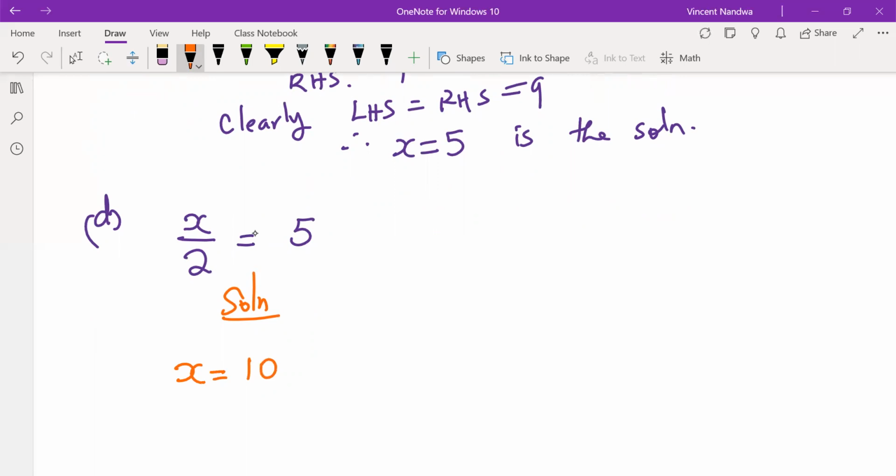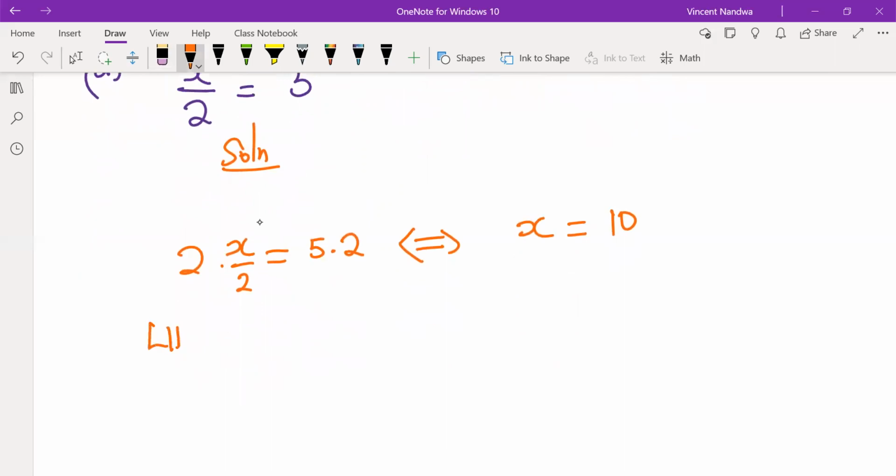Or I can show that one by saying x over 2, just to show some steps. x over 2 multiplied by 2, 5 times 2. So which means x equals to 5 by 2 is 10.